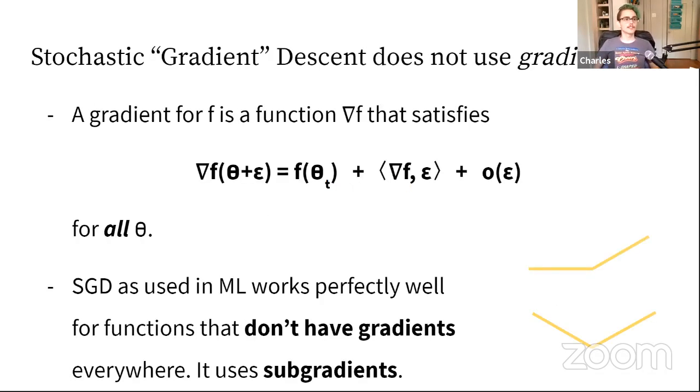The second one, and this is perhaps the strongest leg I have to stand on in this rant, is that stochastic gradient descent does not use gradients.